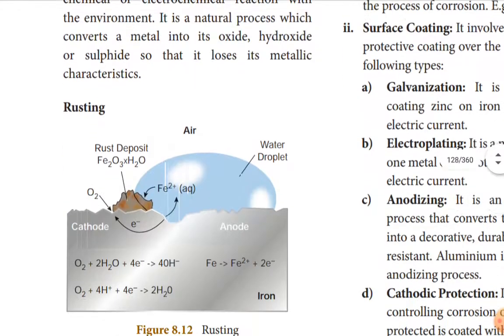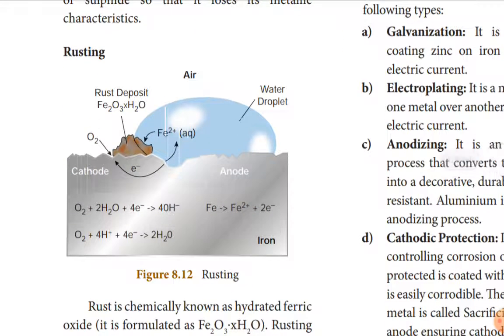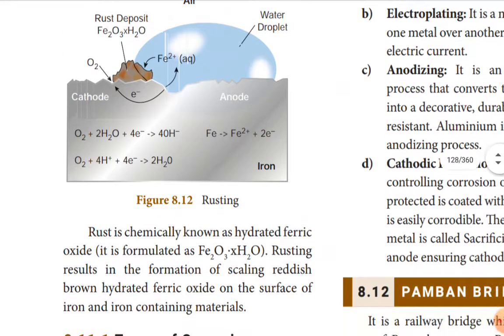So we are going to study rusting. Rusting is a chemical process. It is the gradual destruction of iron by electrochemical reaction. Rust is chemically known as hydrated ferric oxide.